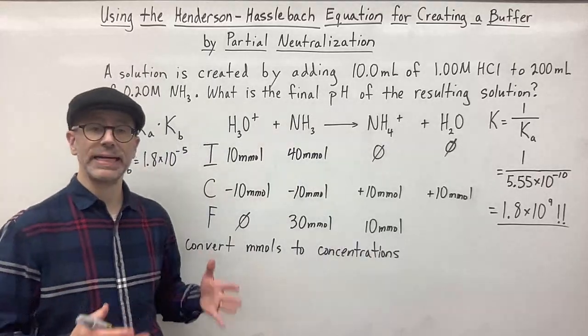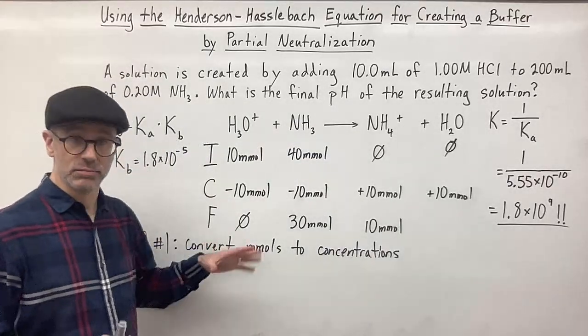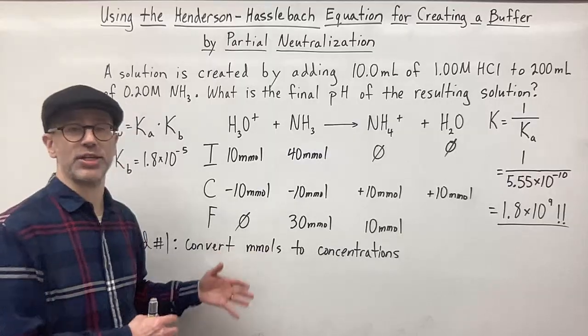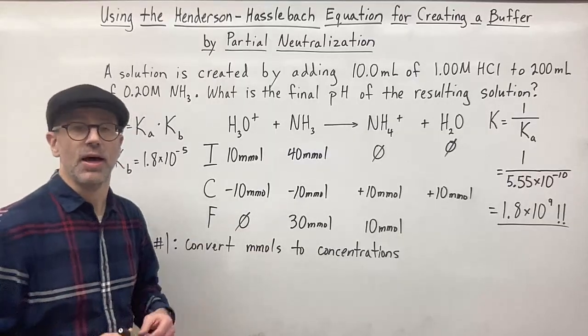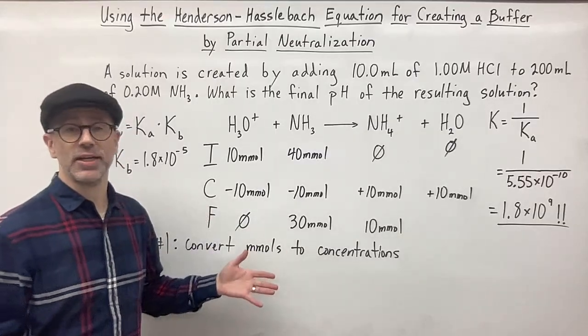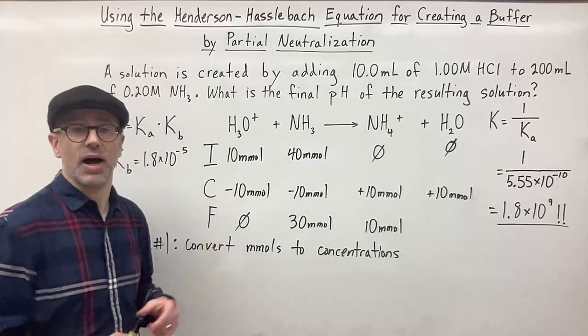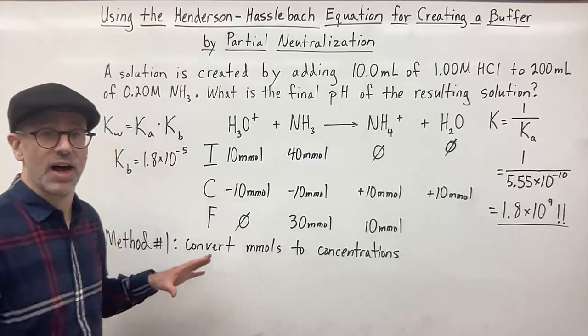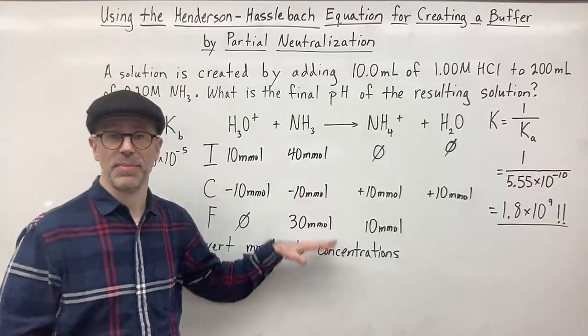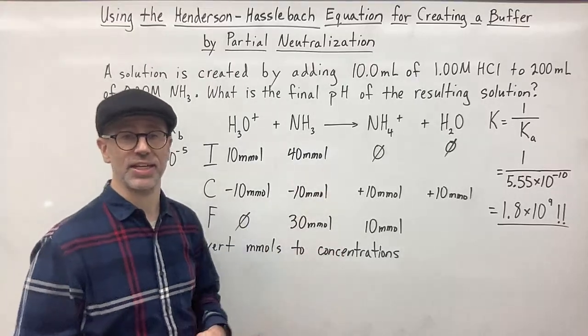So technically, you would have to convert things to concentrations to plug it into the Henderson-Hasselbalch equation, because you have the concentration of the base over the acid in the equation.